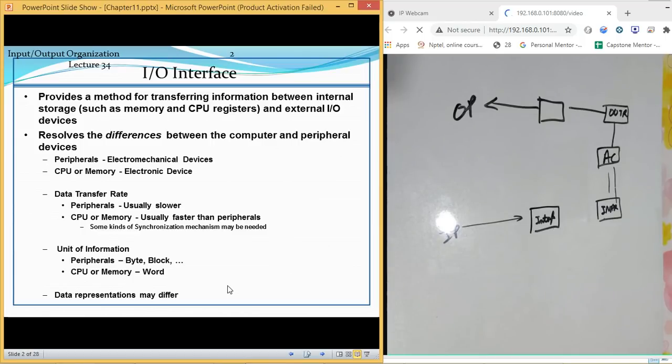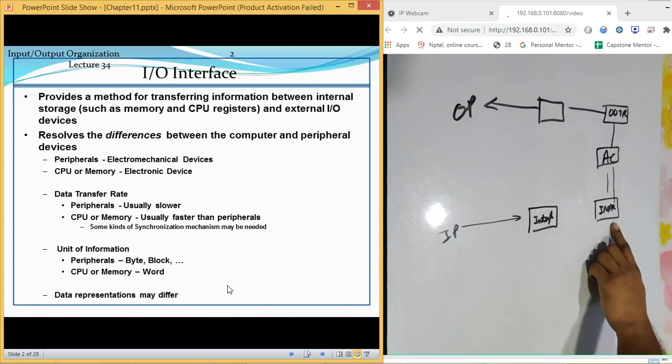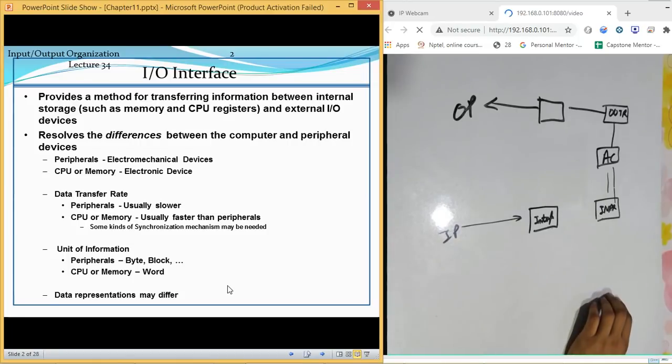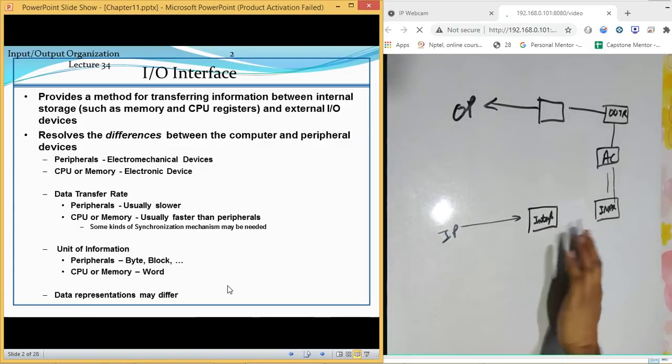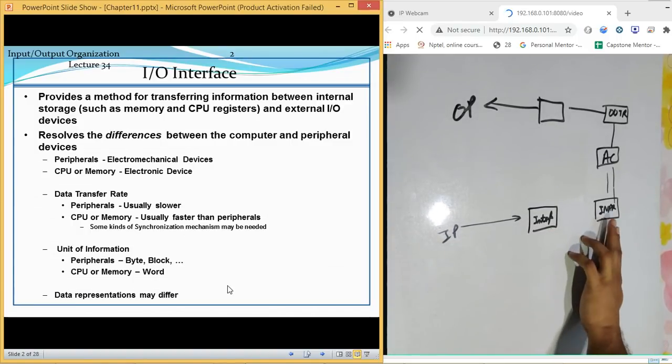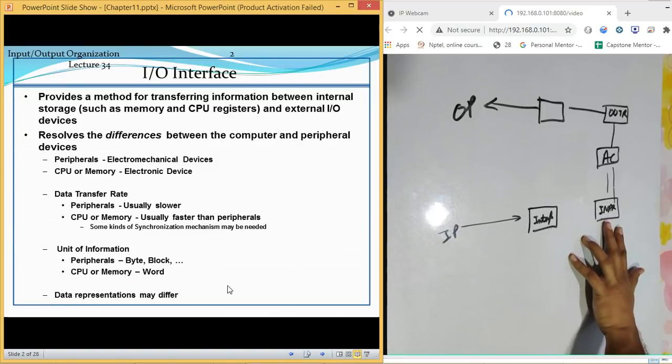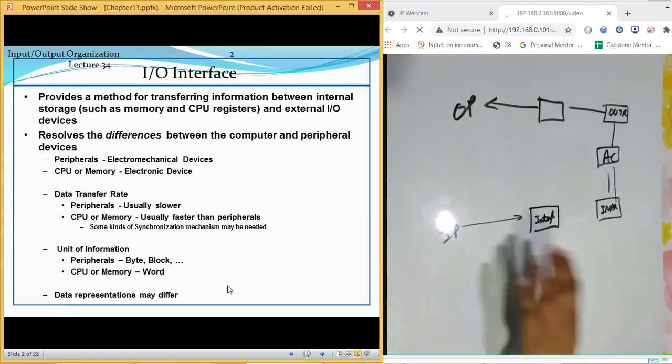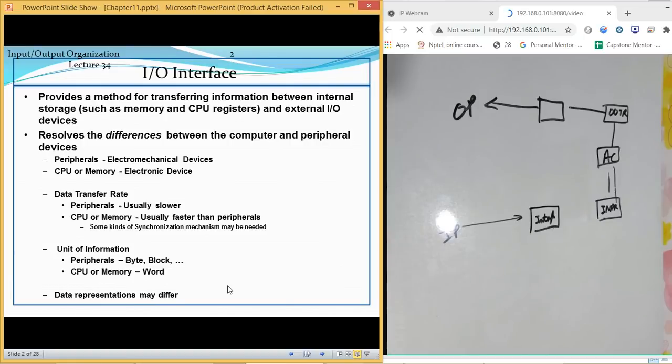It provides a method to transfer the information from internal storage devices such as your registers to the external devices. External devices might be a monitor, a keyboard, or a mouse. So any interface which we have will connect the input devices or the inside of the computer to the outside environment. That is where we use an interface.